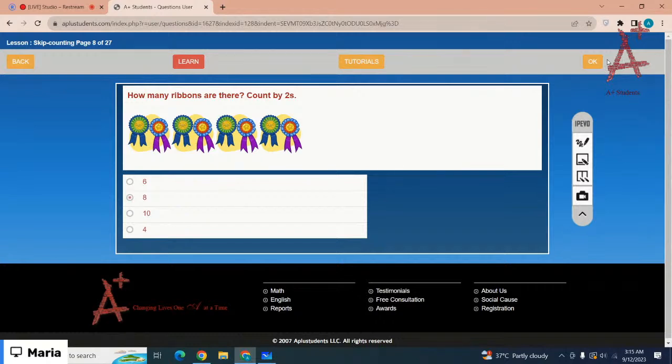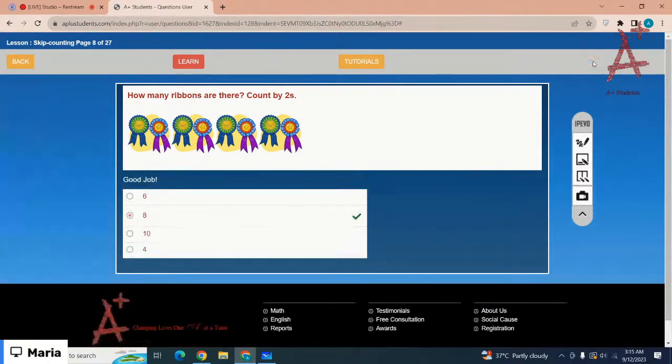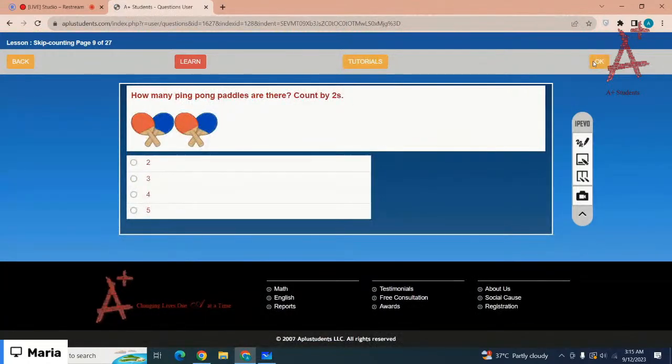The correct option is 8. How many ping pong paddles are there? Count by twos. So which is the correct option? There are, yes, just 4 ping pong paddles, right? The correct option is 4.